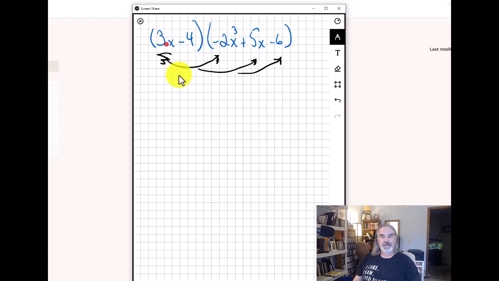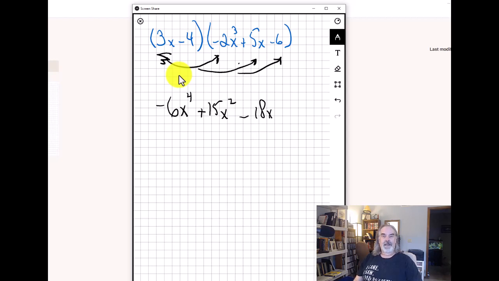The 3x times the negative 2x cubed: 3 times negative 2 is negative 6, and x times x cubed is x to the 4th. Okay, that product is taken care of. This 3x times that 5x in the middle of the second one is going to be 15x squared. And this 3x times negative 6 will be a minus 18x.